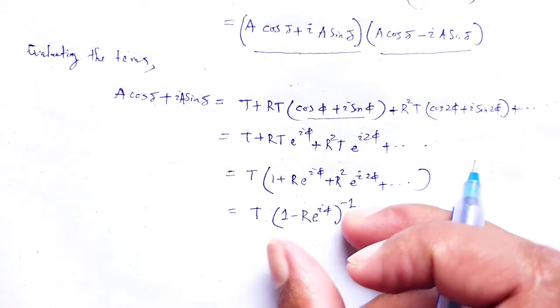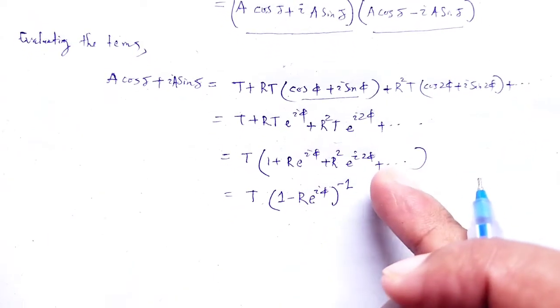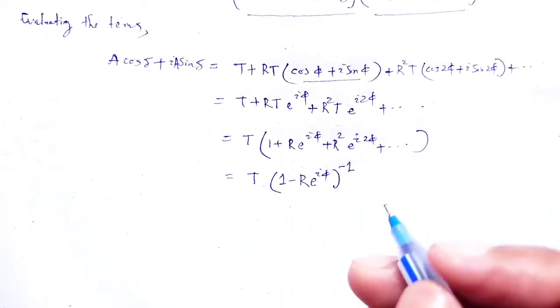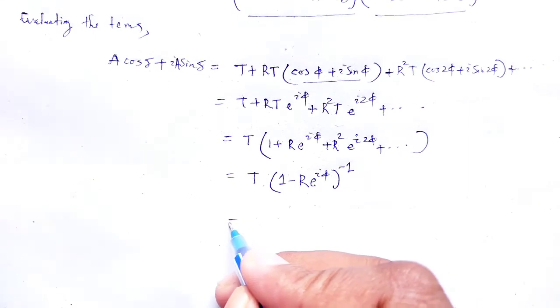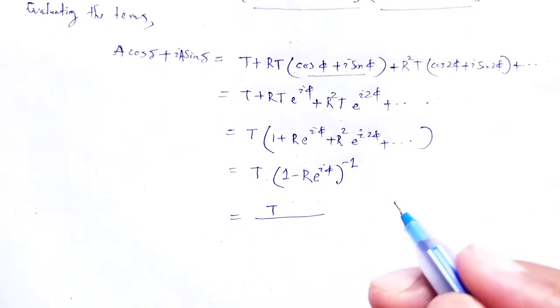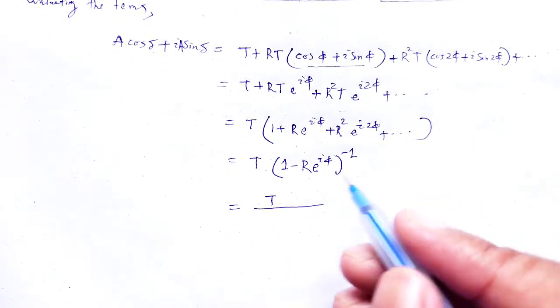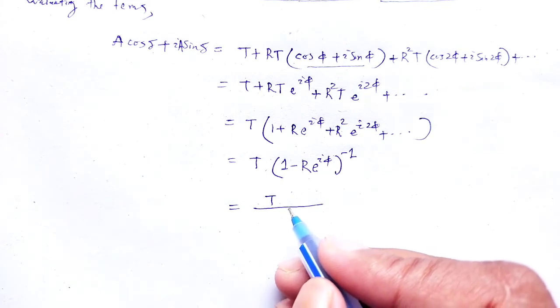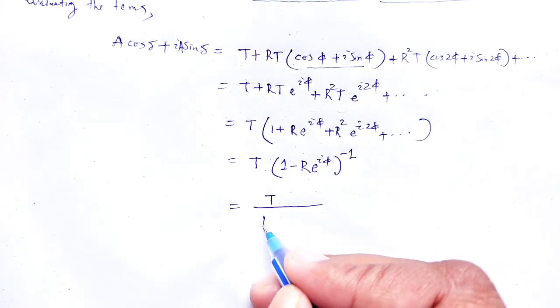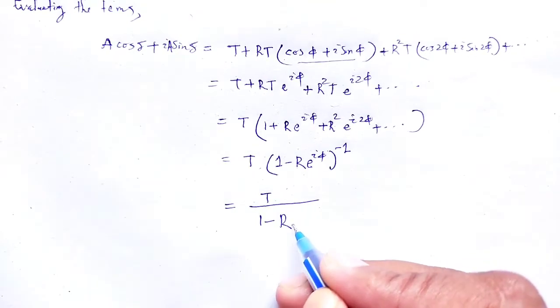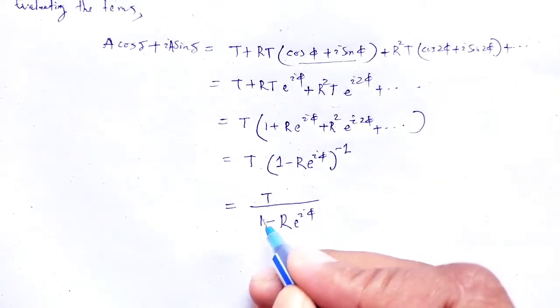When we expand the terms, we obtain that series. Now, t divided by 1 minus r e to the power i phi.